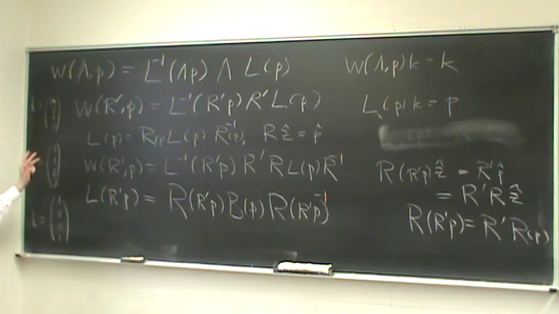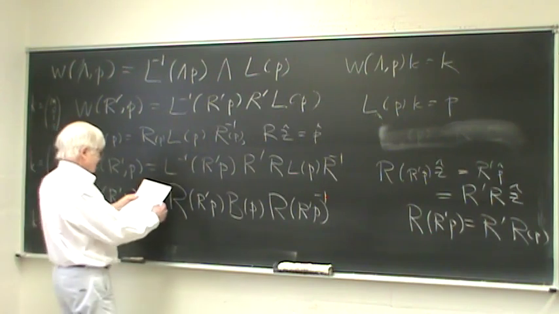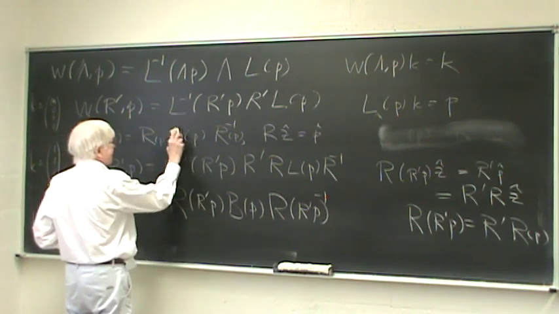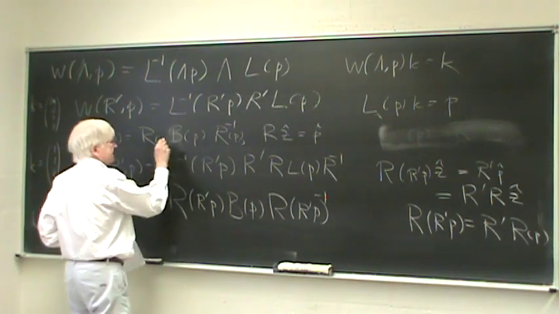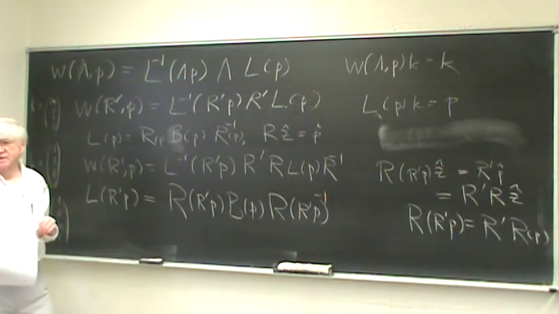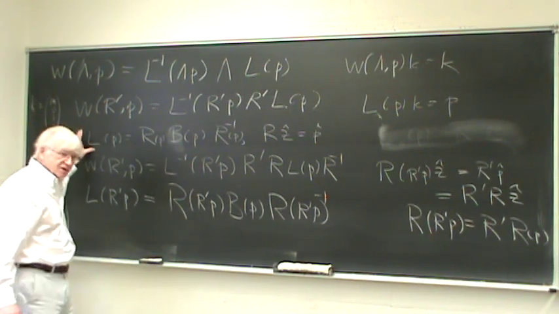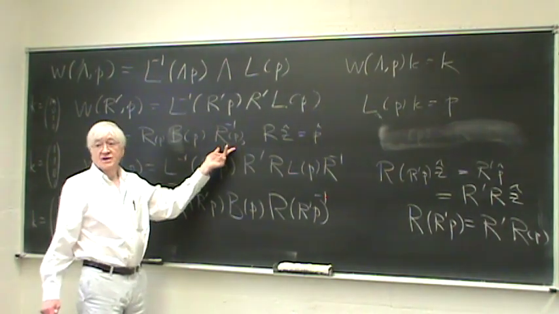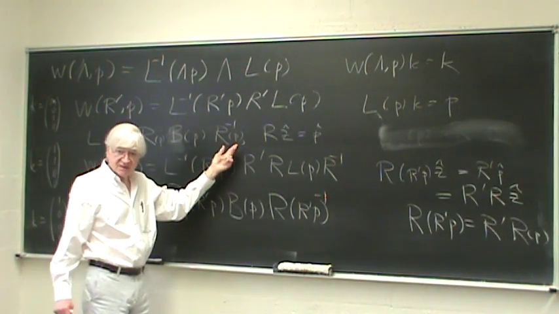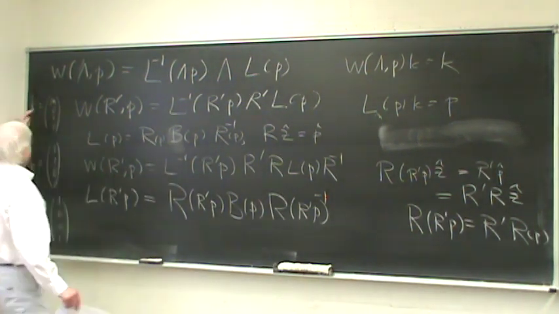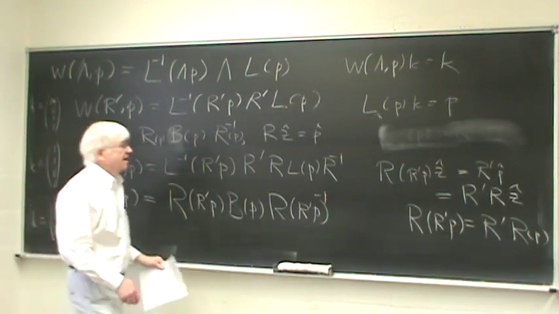Now, there's still something that's... This is actually incorrect because I wasn't looking at my notes. This is not L of P. This is B of P. Okay, that must be what confused you and why you guys asked these questions. So let me then repeat. The standard Lorentz transformation for massive particles is an R inverse of P, a boost that takes M0 into P hat.